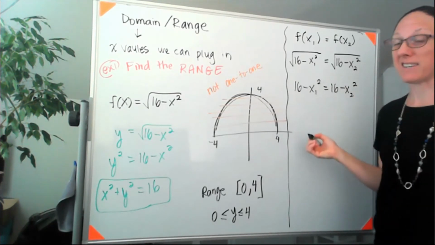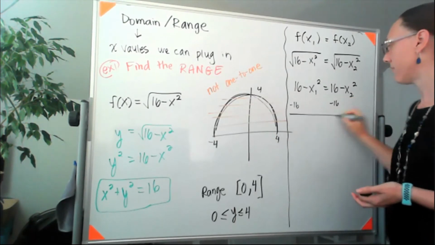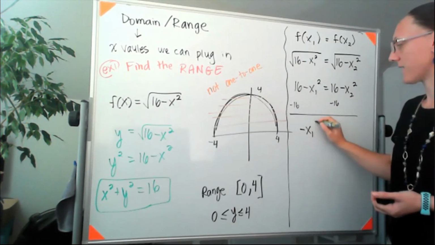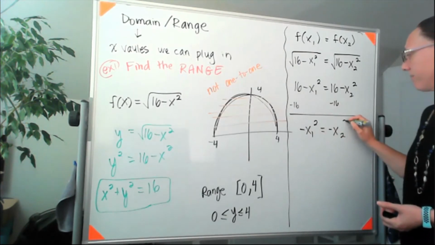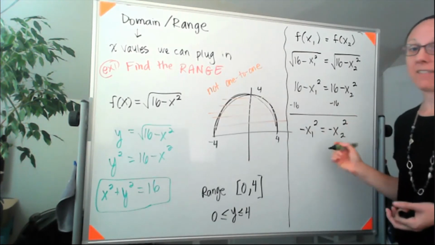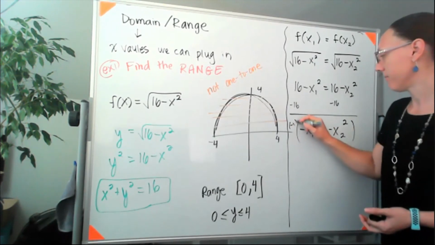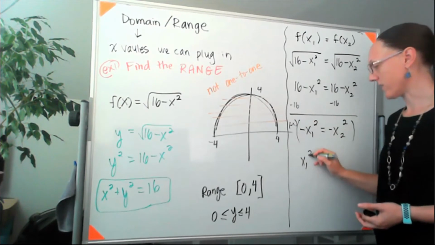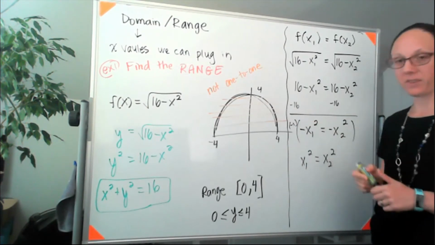Then I could subtract 16 from both sides and end up with negative x1 squared is equal to negative x2 squared. Then I could multiply both sides by -1 so that I have x1 squared is equal to x2 squared.